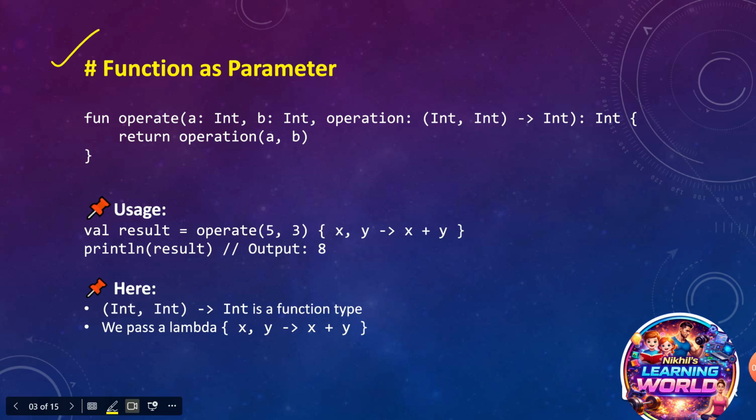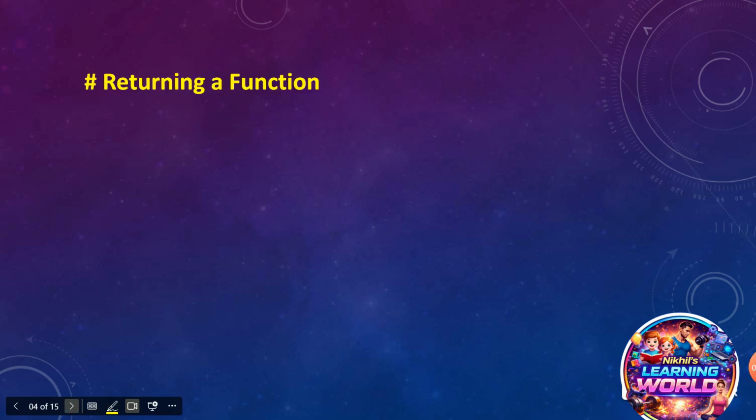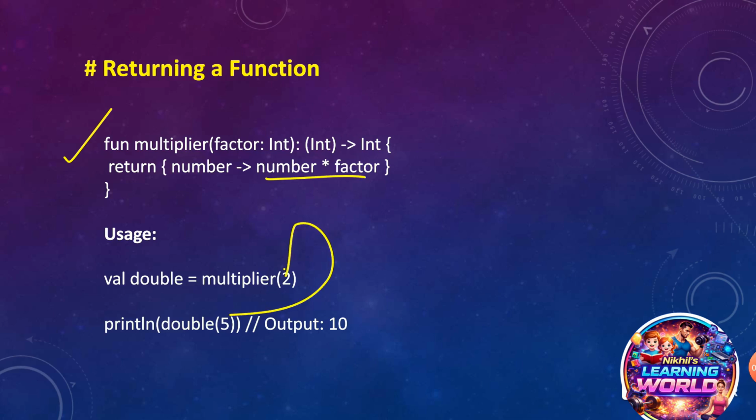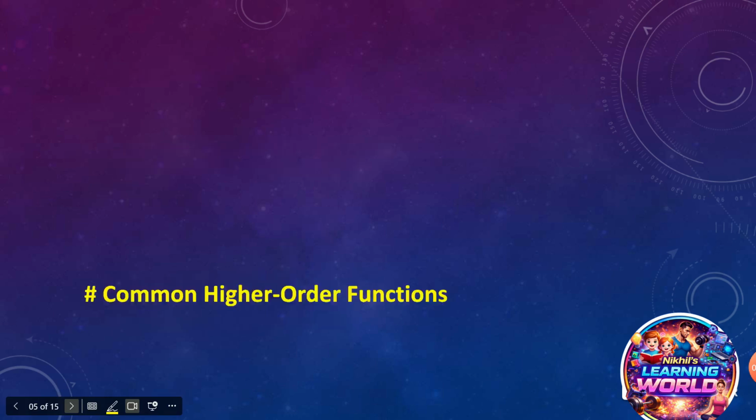We pass an integer parameter factor, and we operate a number times factor. The use case is val double = multiplier(2), so we pass 2, and it will be the number times factor. It prints 5 times 2, so the output will be 10. In this way we can practice here.